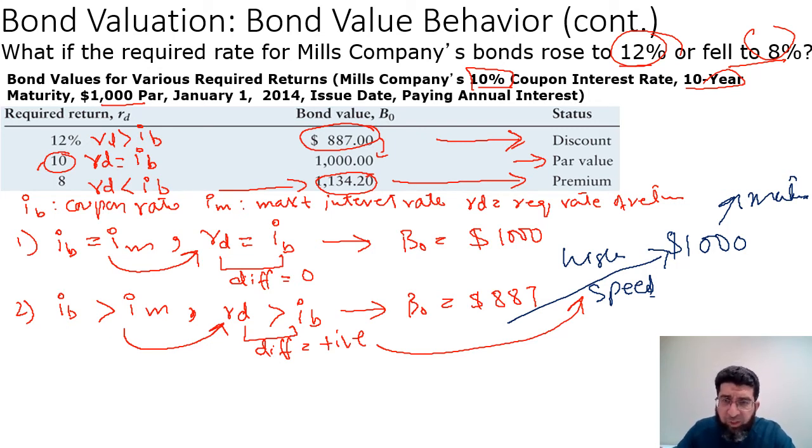Another interpretation could be that $1,000 is discounted back to $887 to absorb the positive difference that has been created between RD and IB.